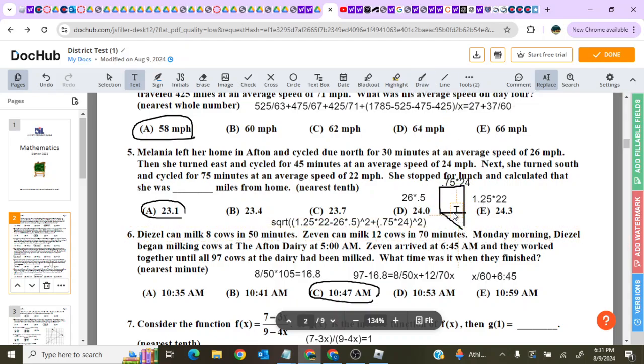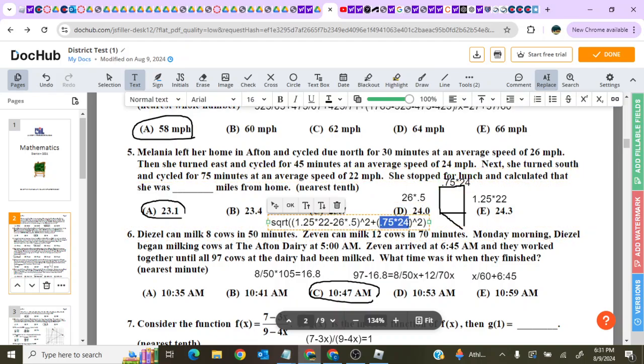So this side here is going to be the amount you traveled east, so 0.75 times 24, squared, plus this side right here, which is going to be the entire distance they traveled south, subtracted by the distance they traveled north. So 1.25 times 22 minus 26 times 0.5. Use the Pythagorean theorem on that, and you get a distance of 23.1 miles.